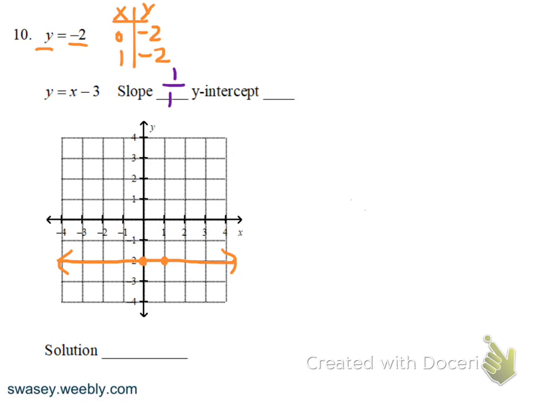Slope, 1 over 1, y-intercept's negative 3, so plot a point at negative 3, go up 1 to the right 1. And so we have that line graphed.